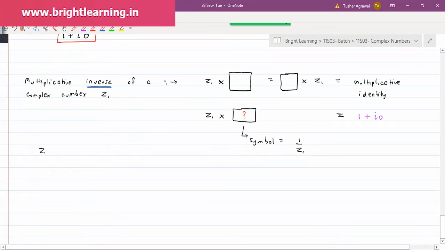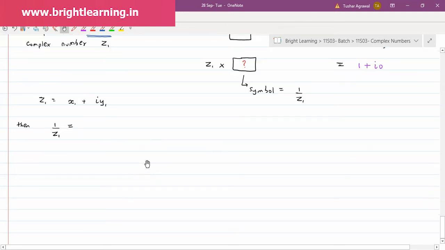If Z1 is equal to X1 plus I times Y1, then 1 upon Z1 is equal to, now for the next 3 or 4 minutes, just consider that God appeared in my dream and told me that the answer is X upon X square plus Y square. Sorry, let it be X and X plus IY only.